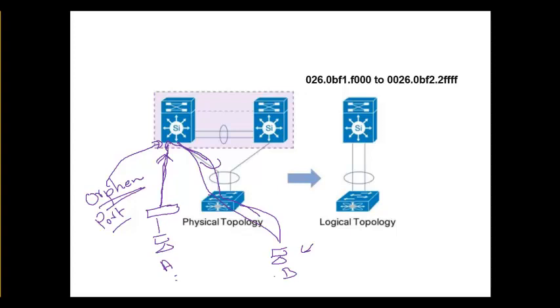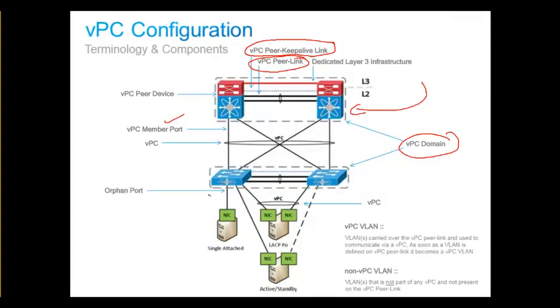So let me go back. We understood now what an orphan port is. We understood what a member port is. We know the peer device. We know the keep alive link and peer link. The keep alive link is a layer 3 link. vPC domain.